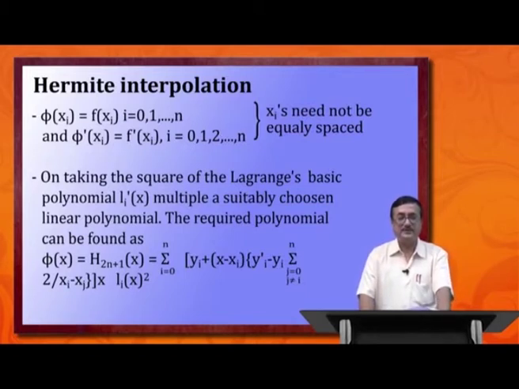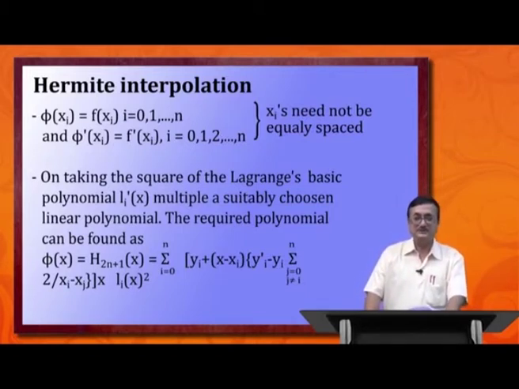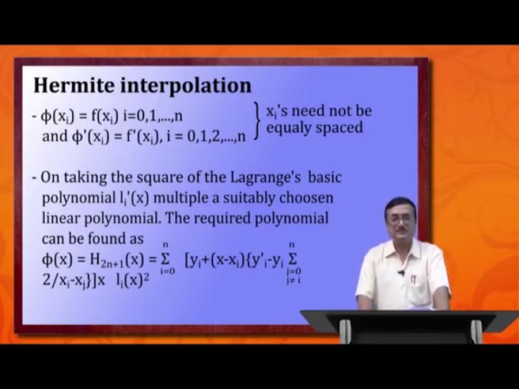So it is a problem to find a polynomial function phi(x) satisfying all these 2n+2 conditions. As I have already told you, the basic Lagrangian polynomial is of much use in our future discussion. Here we use the Lagrange's basic polynomial Li(x), which is a polynomial of degree n.